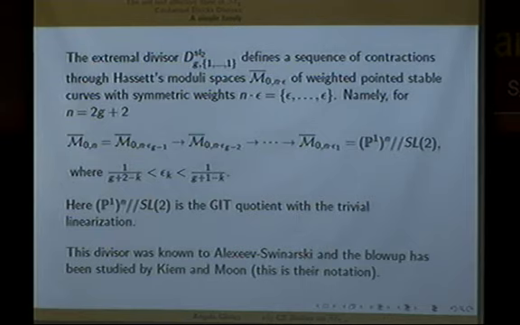It just was a coincidence that it came up again. And this morphism with this notation has been studied by Kim and Moon. So this morphism to this GIT quotient factors through a sequence of contractions through the Hassett weighted moduli spaces. If you want to learn more about this decomposition, you can look at their paper.